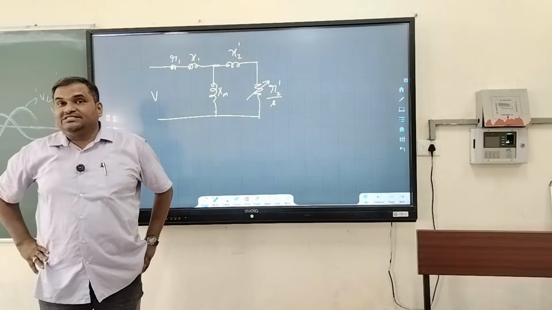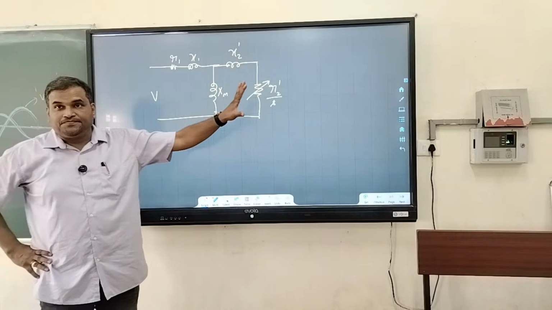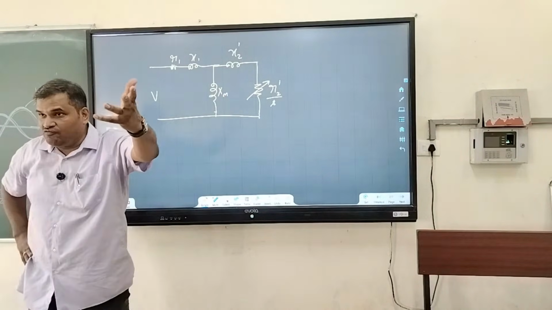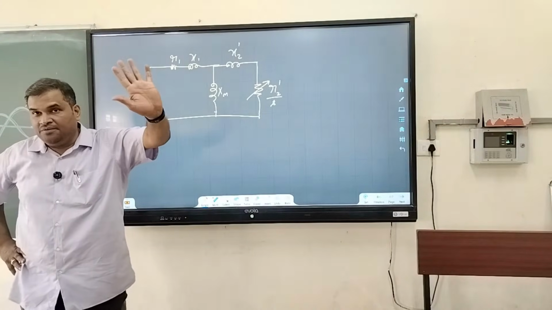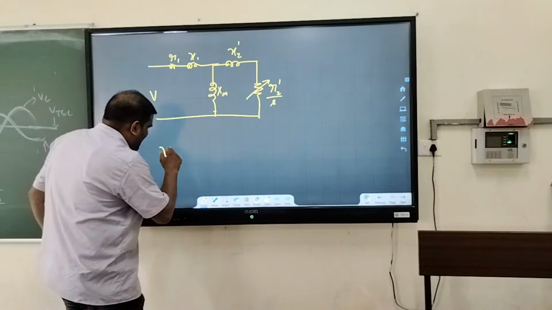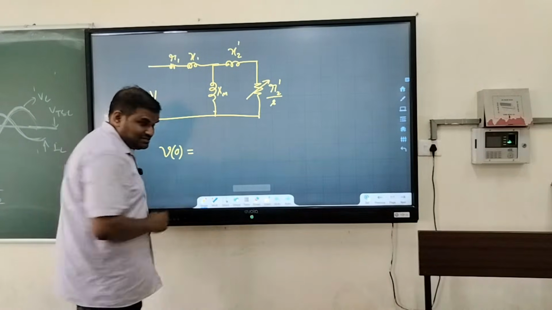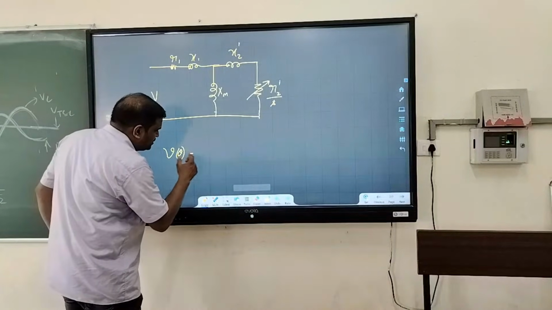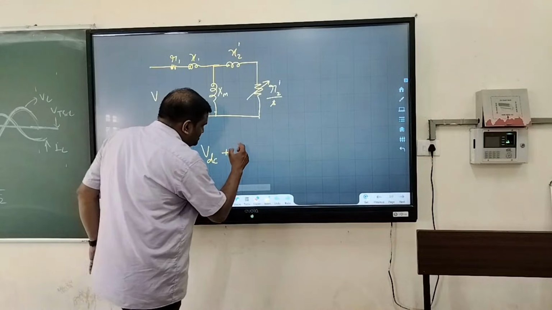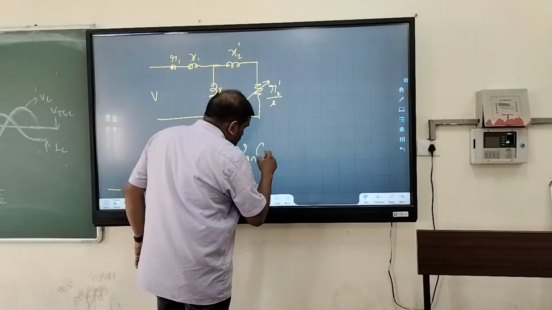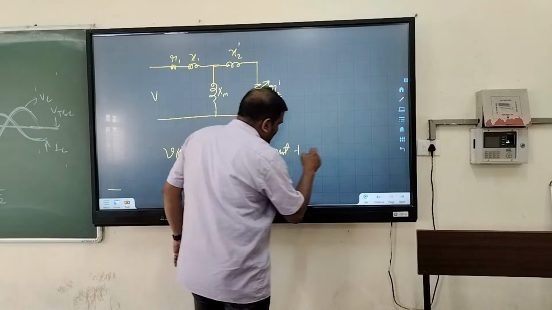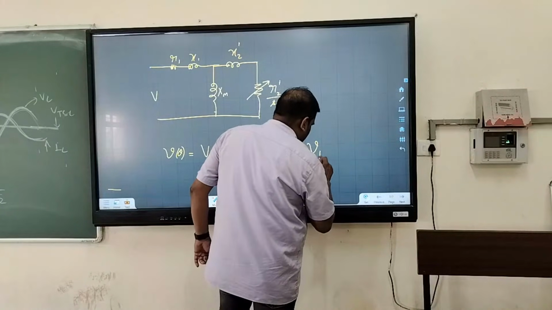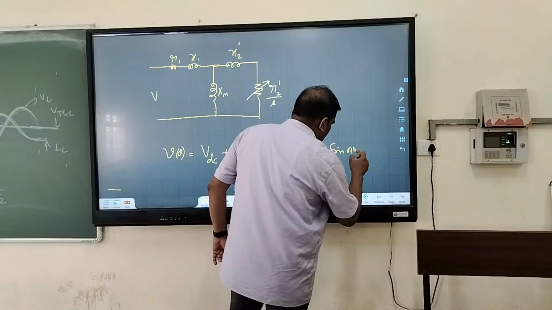When we give a sinusoidal voltage, this is okay. But when we are not giving a sinusoidal voltage and are giving a square kind of waveform, which is the worst waveform, then as per the Fourier series analysis, the same input can be written as V0 theta equals VDC plus the summation, n equal to 1 to infinity, of VAN cos n omega t plus VBN sin n omega t.